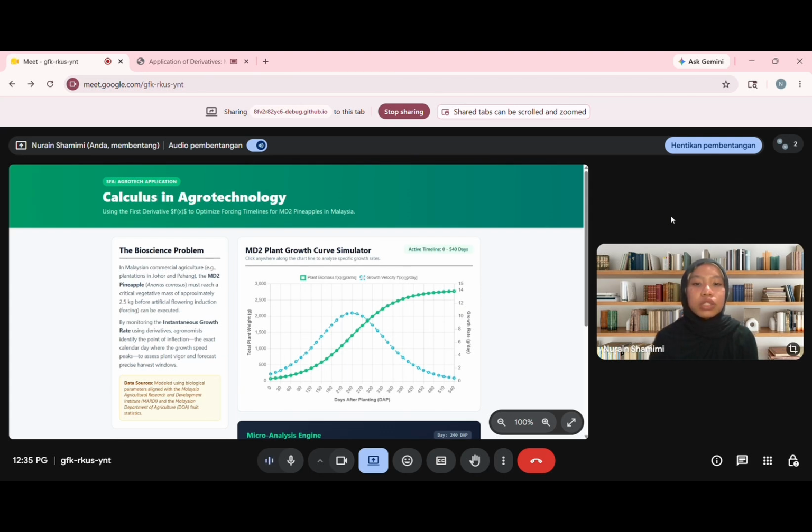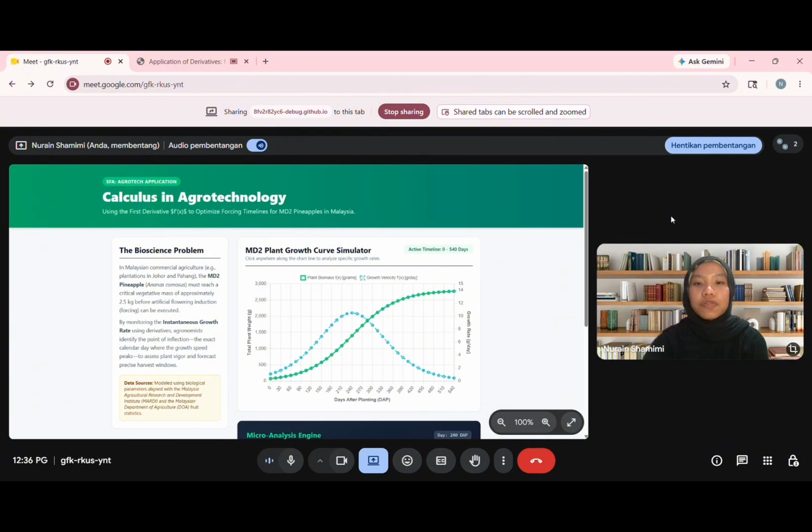Farmers need to ensure the plant reaches a suitable biomass before forcing is carried out. If forcing happens too early, the fruit may become smaller and lower in quality. However, if forcing is delayed too long, production time and cost may increase. Therefore, monitoring plant growth accurately is very important.